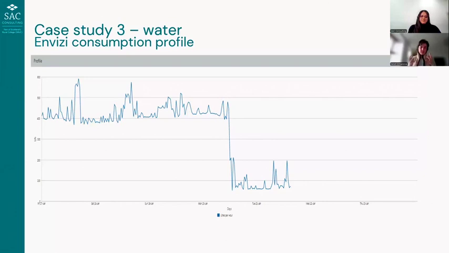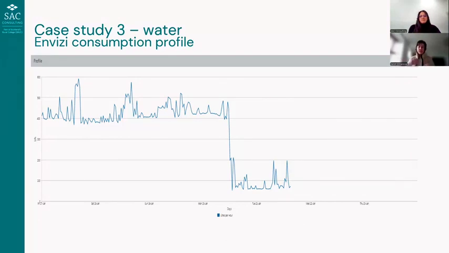This graph is a consumption profile of a shopping unit, a shop. It shows water consumption for the whole shop. Now this was a clothes shop. The shop had, I think, about 3 or 4 public toilets, some sinks in the toilets as well, and then 1 or 2 toilets for their staff.